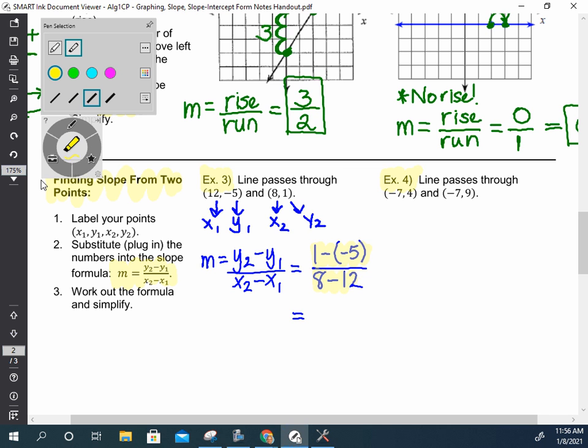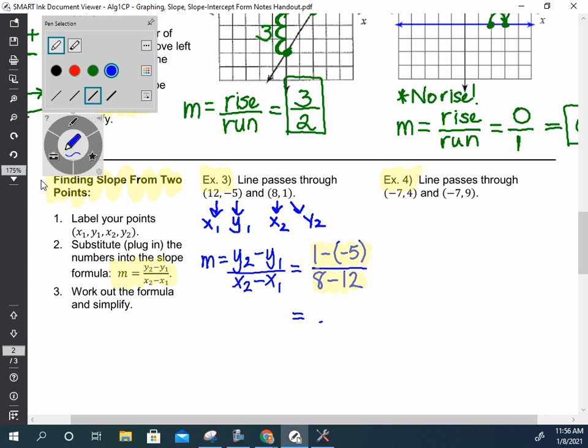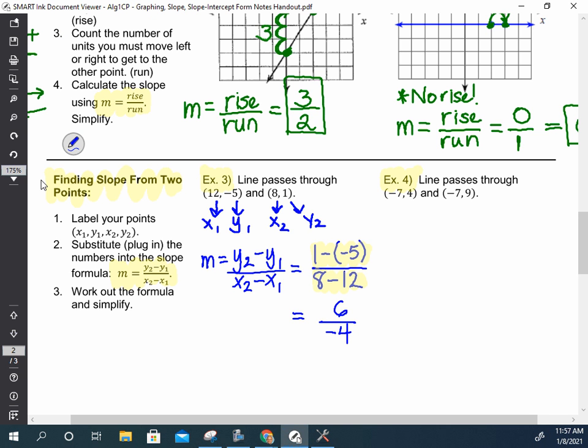So what's 8 minus 12? -4. So we have 6 over -4. Can I do anything with that? Reduce it. So 6 over -4 reduces to what?